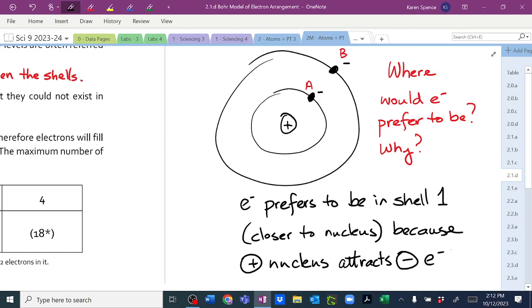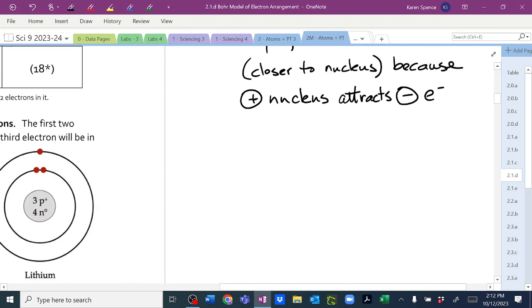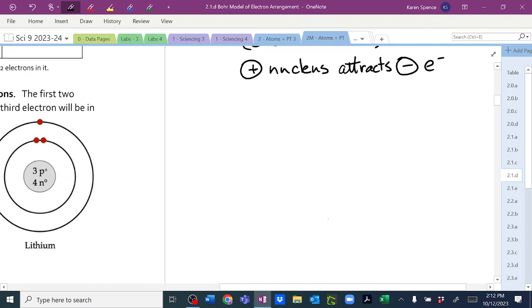So you can think of it like this. In the atom, we have shell number 1, and you can think that it's as though this is like a little hotel, okay? And shell number 1 is like floor number 1, and there is one room.